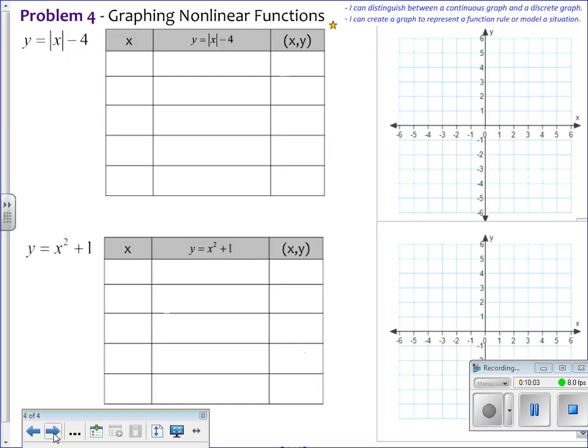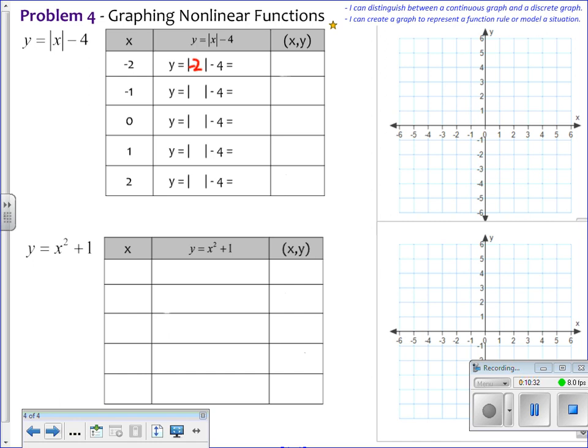Okay, last one. Graphing non-linear functions. So here's what I want you to do. I want you to take these numbers for x and plug them in to the equation and figure out what your y coordinates are. Now, which means you're going to put -2 in here. What does the absolute value do? Absolute value does not change the sign.